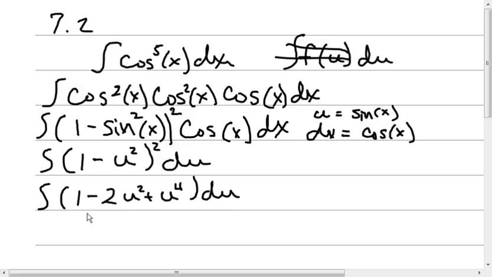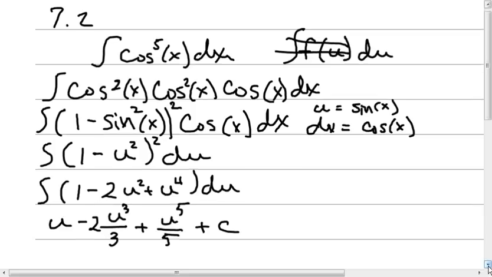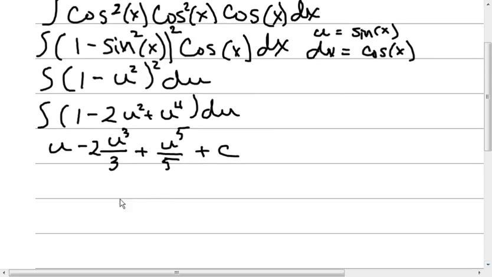And then now we can integrate very easily, and we get u minus 2 times u to the third divided by 3 plus u to the fifth divided by 5 plus c, and all we're left with now is resubstituting back in.